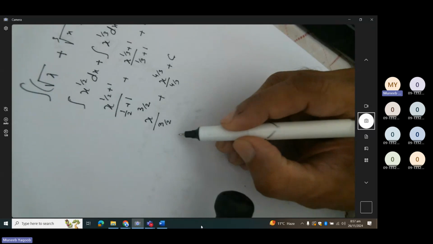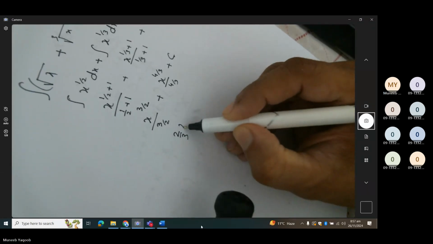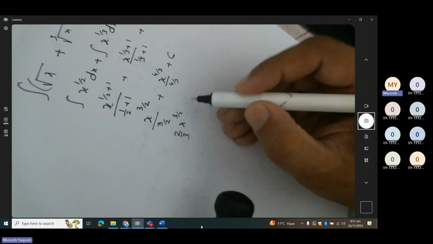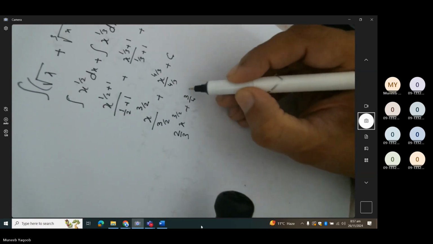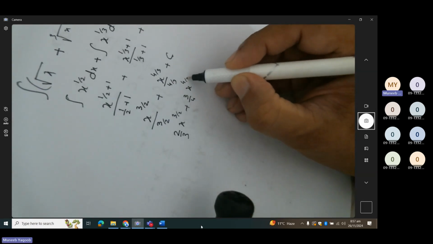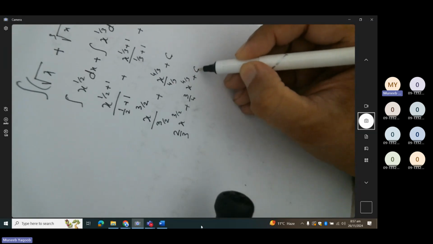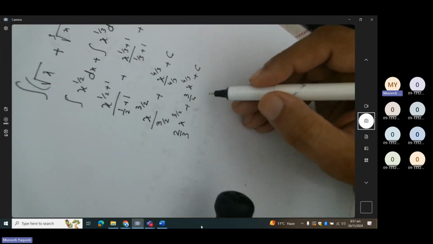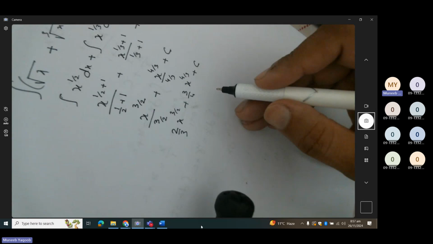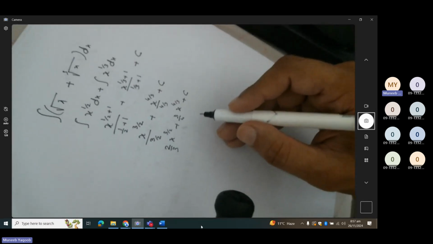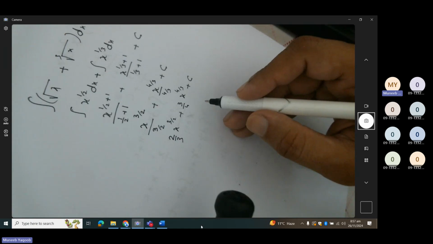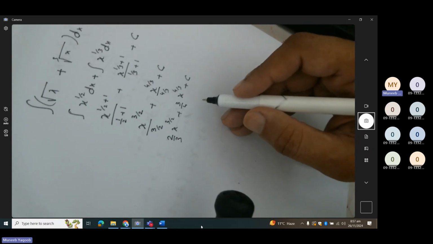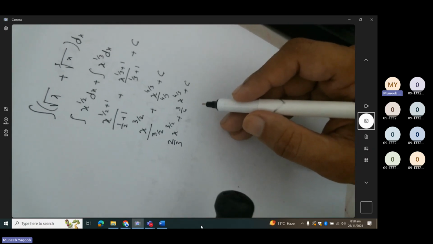So we will write 2 by 3 times x power 3 by 2 plus 3 by 4 times x power 4 upon 3 plus constant of integration. So it would be our final answer. So you saw that integrating root of x plus cube root of x is again not a very difficult task. We can integrate this function easily.